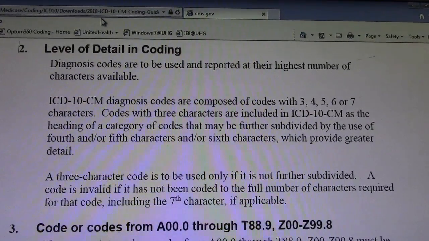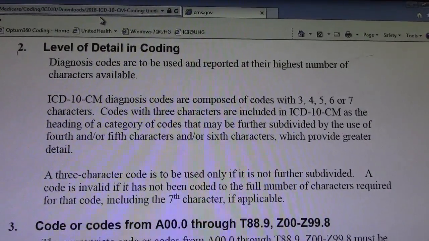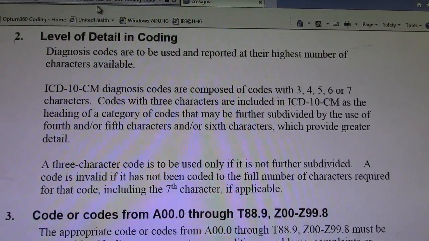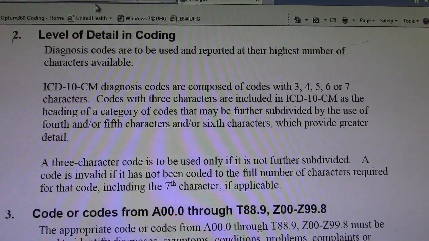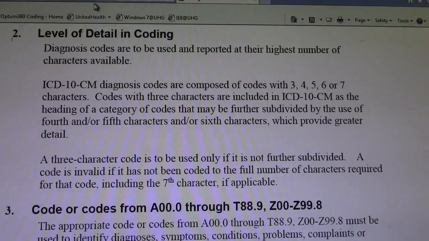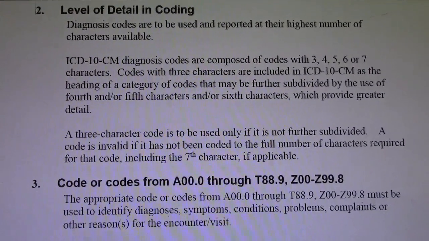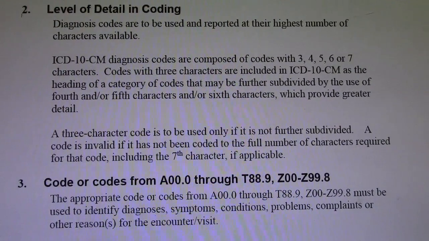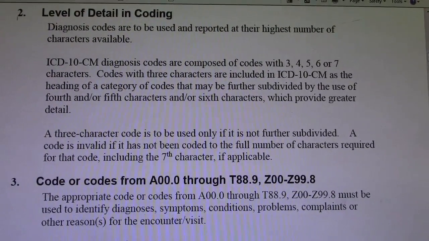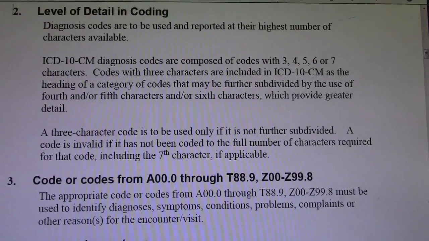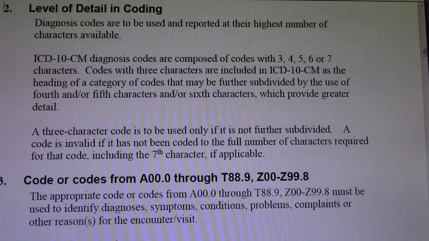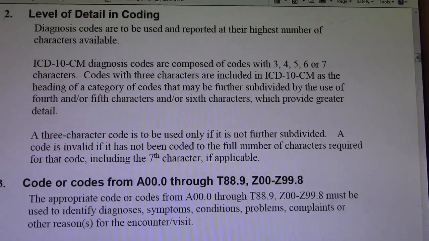Codes with 3 characters are included in ICD-10-CM as the heading of a category of codes that may be further subdivided by the use of 4th and/or 5th and/or 6th characters, which provide greater detail. And a 3-character code is to be used only if it is not further subdivided. A code is invalid if it has not been coded to the full number of characters required for that code, including the 7th character if applicable.